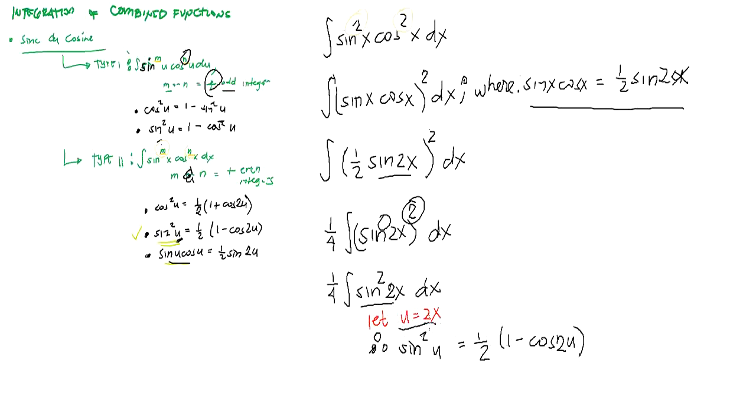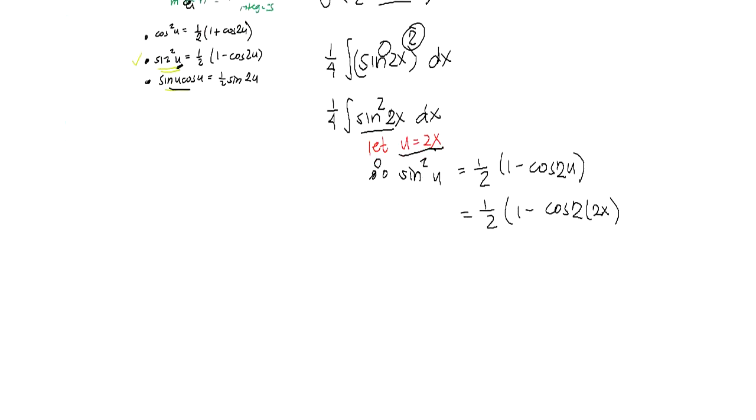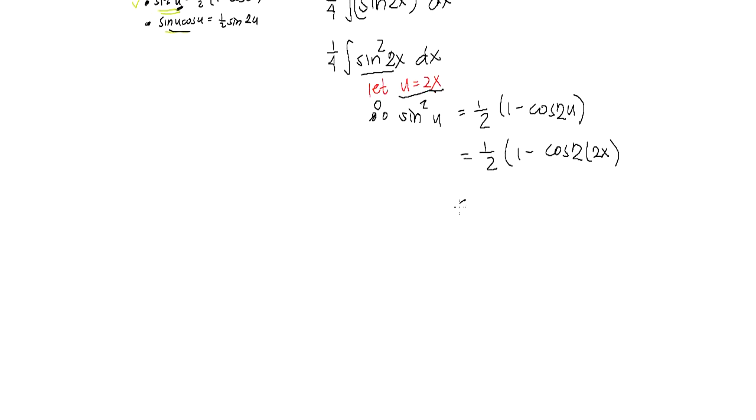Bringing back the value of u, it is equal to 1/2 times 1 minus cosine 2 times 2x, or simply 1/2 times 1 minus cosine 4x.